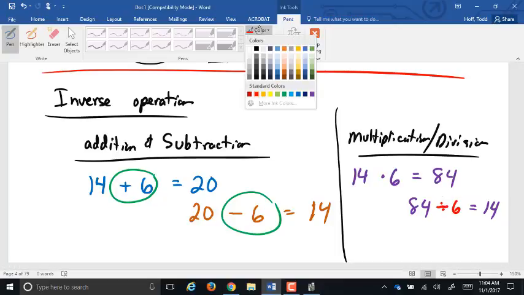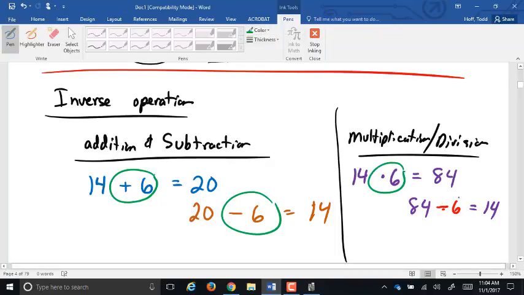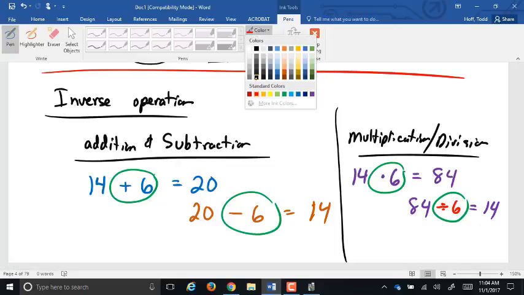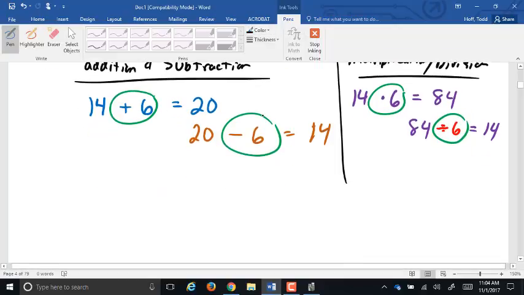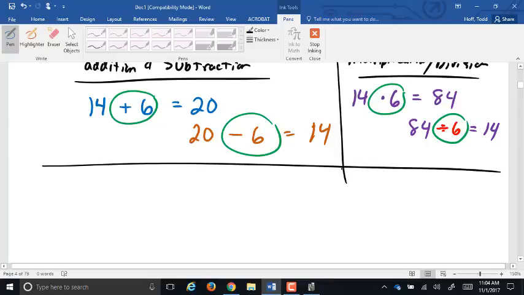Divide by 6, yes. So multiplying by 6 and dividing by 6 are again inverses. One of them reverses or undoes the other. All of our operations come in these pairs, and there are more pairs than what you might think.